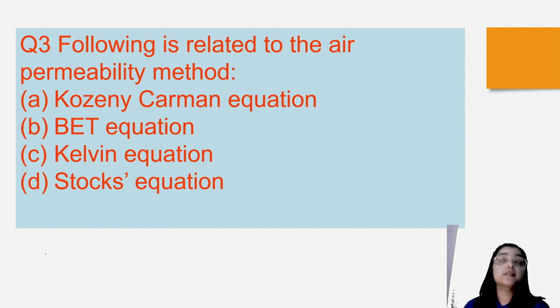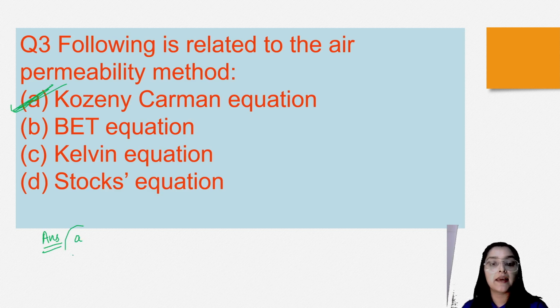We have discussed that for the determination of surface area, there are two methods including the solute adsorption, the gas adsorption method and the air permeability method, where we have mentioned the Carr equation. It was the correct answer right away. This was in the adsorption part only. So the answer that is correct is A.